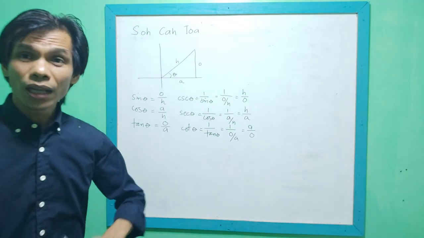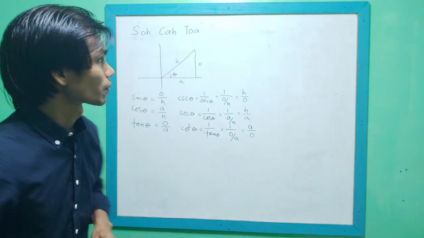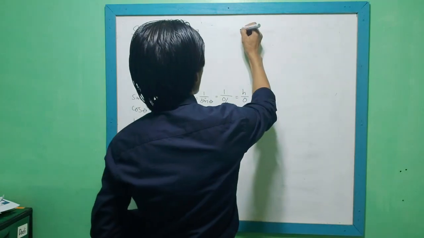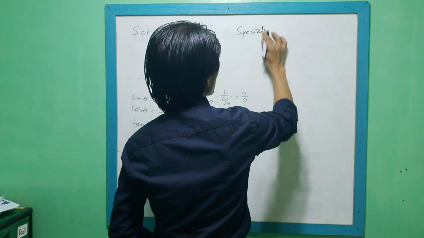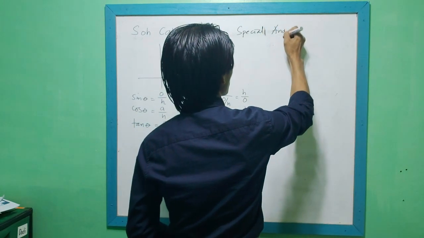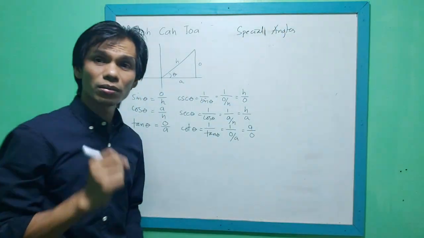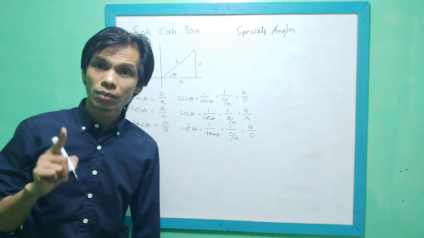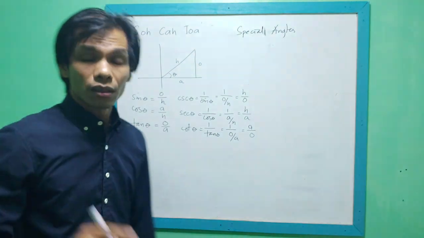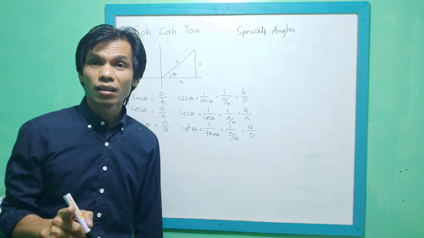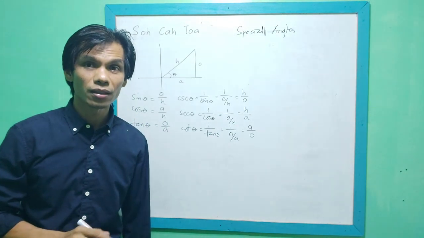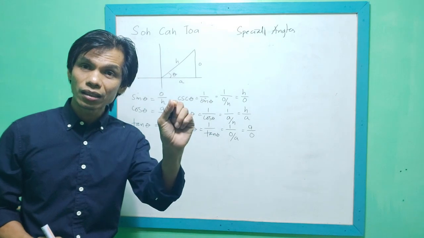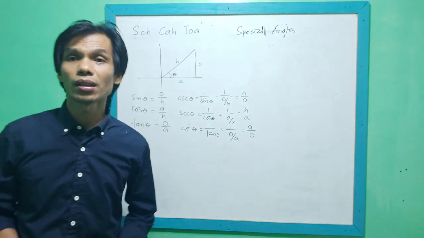Okay? So, now, ano-ano yung mga special angles? Sabi natin, meron tayong special angles. Ano-ano sa tingin nyo yung mga special angles? Okay, magbigay ako. 30 degrees, 60 degrees, 45 degrees. Yun yung mga special angles. 0, 90, 180, 270.